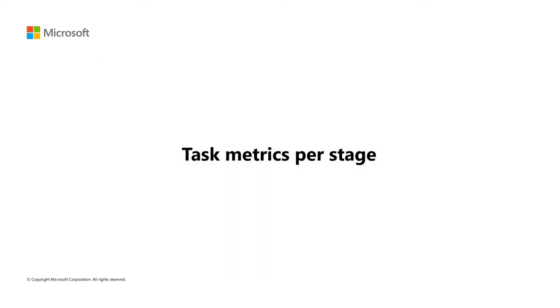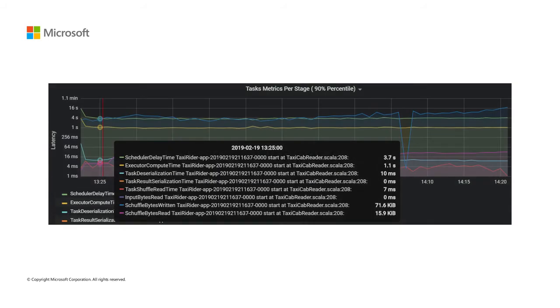And we decided to start looking at the task metrics per stage. Remember, once again, job, stages, tasks. We are at the bottom of the stack at this point. And we start to ask ourselves, within a particular task that is being processed in that stage, what's the breakdown of the compute that we're pursuing? And we would like to understand if there's any bottleneck that is not necessarily obvious to us.